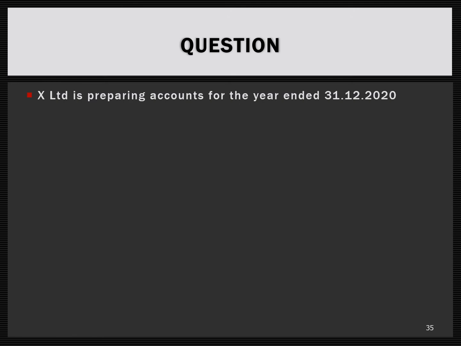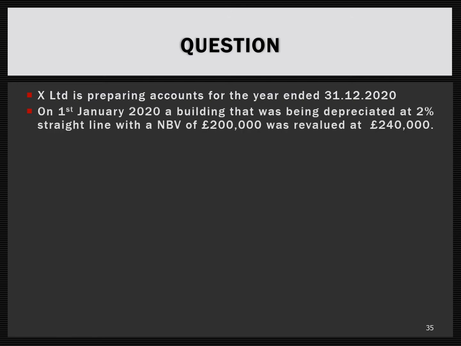X Limited's preparing accounts to December 2020. On the 1st of January 2020, so that's the beginning of the year, a building that was being depreciated at 2% with a net book value of 200,000 was revalued at 240,000.